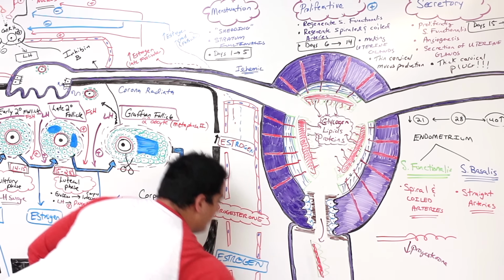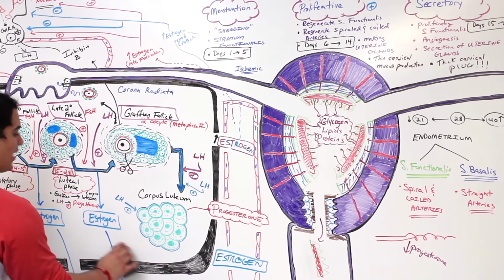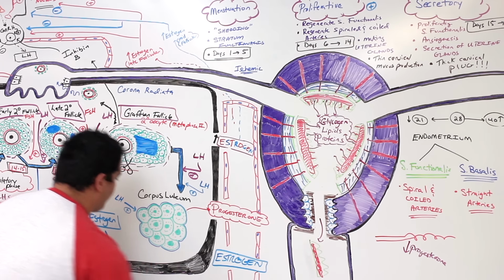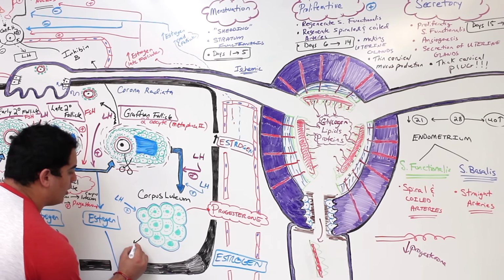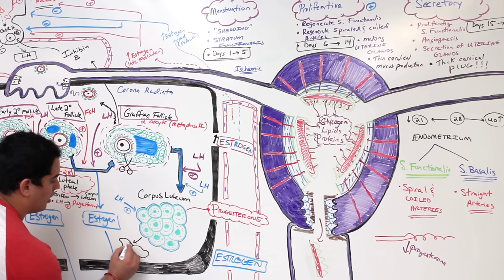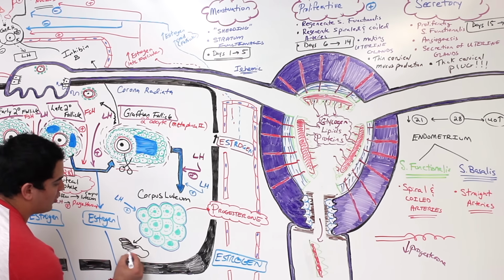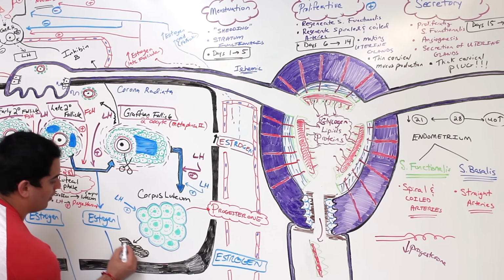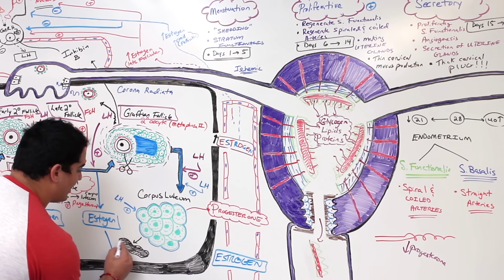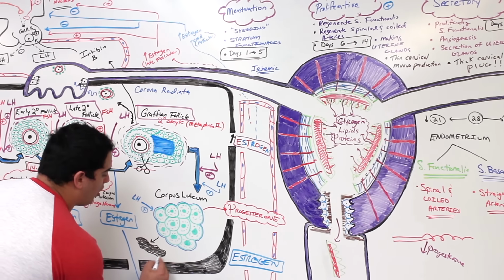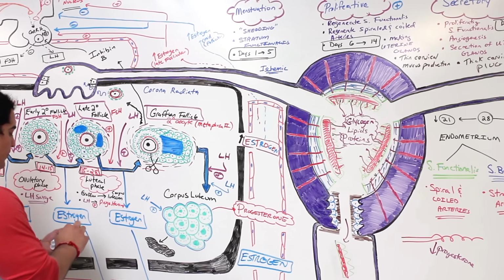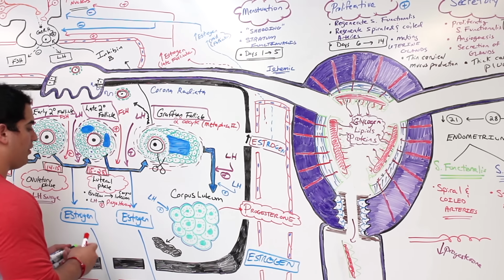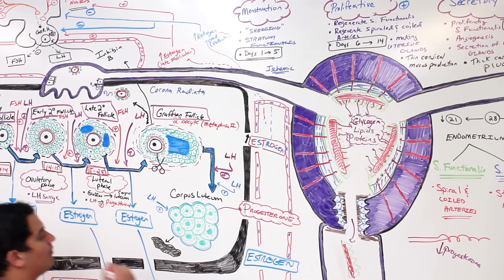It starts dying and becoming scar tissue. So it starts dying, and look what happens to it. It starts turning into a nice scar and fibrous fatty tissue. What is this scarred and fatty fibrous tissue here called? This structure right here is called the corpus albicans.